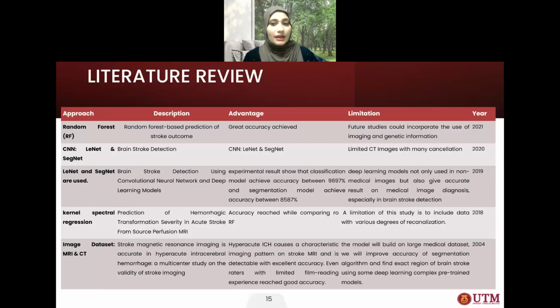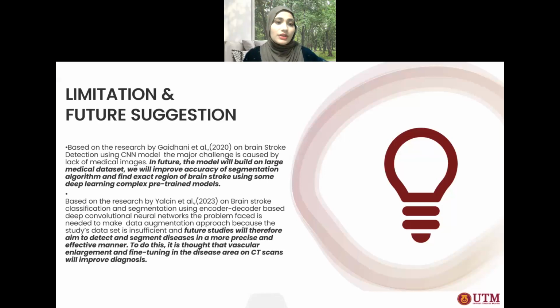They have used MRI and CT scan datasets, but many limitations were found, such as large medical datasets. Basically, when you take any dataset from the internet, it is not very accurate, especially when it comes to medical MRI or CT scan images. And further studies will be aimed to detect and segment disease in a more precise and effective manner.